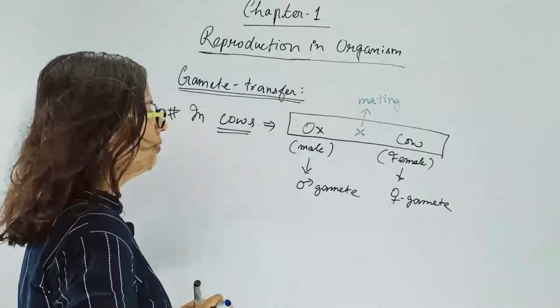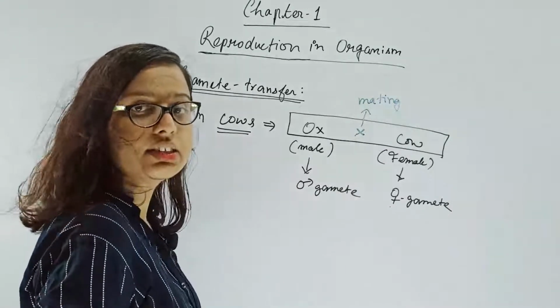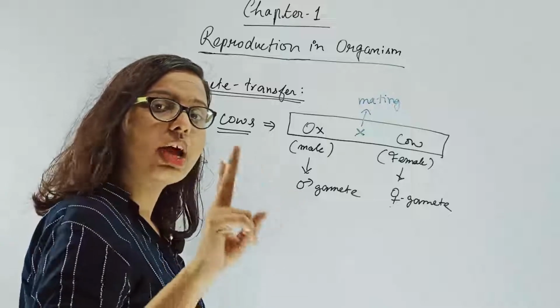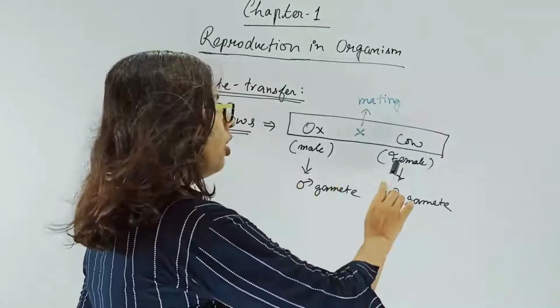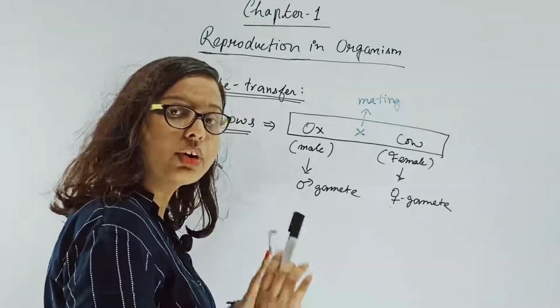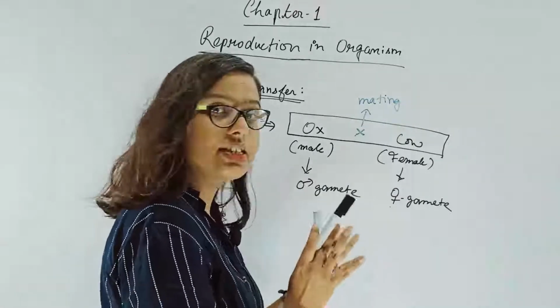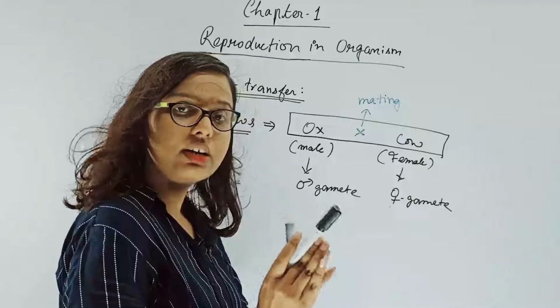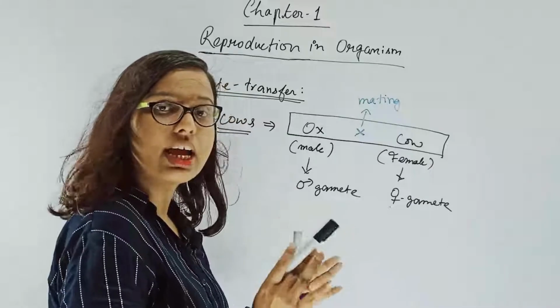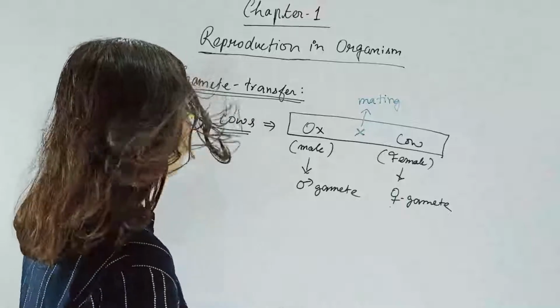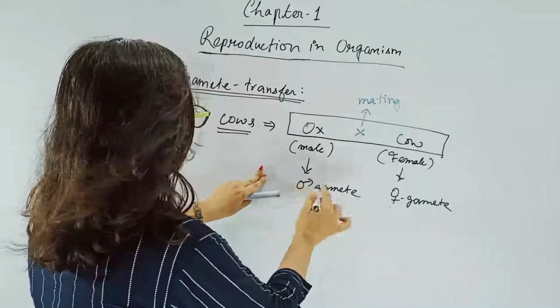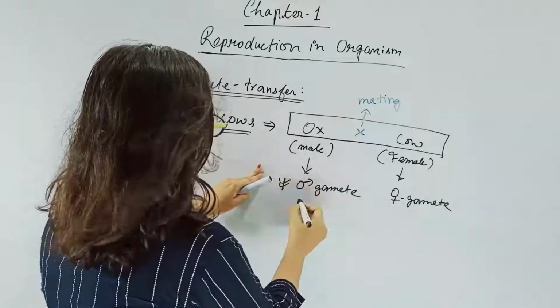So basically, in higher animals, only one of the two gametes is motile. Either the male gamete will be motile or the female gamete will be motile. Motile means which has the capability to move from one place to another, the ability to move. So in case of cows, it is the male gamete which is motile.